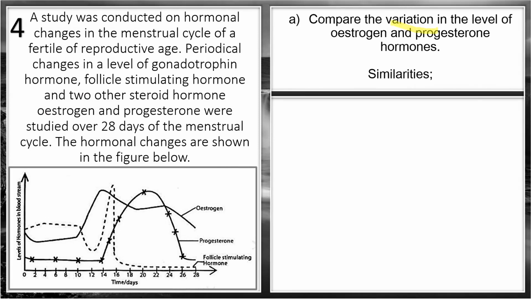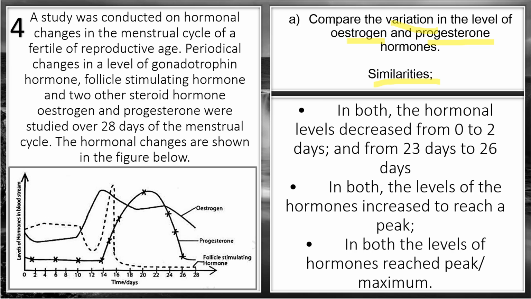Compare the variation of the level of estrogen and progesterone hormone. Let's first consider the similarities. In both the hormones, the level decreased from 0 to 2 days and from the 23rd day to the 26th. So we are looking at estrogen.